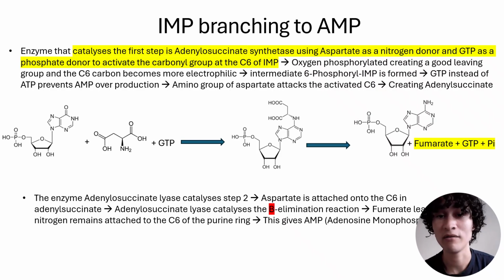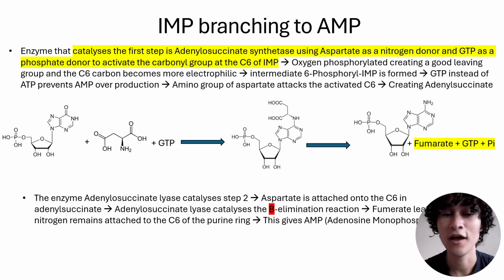Okay, it's very temporary, and that allows the amine group in the aspartate to attack, and you get an electrophilic substitution reaction. Okay, and you get that aspartate on your hypoxanthine base.